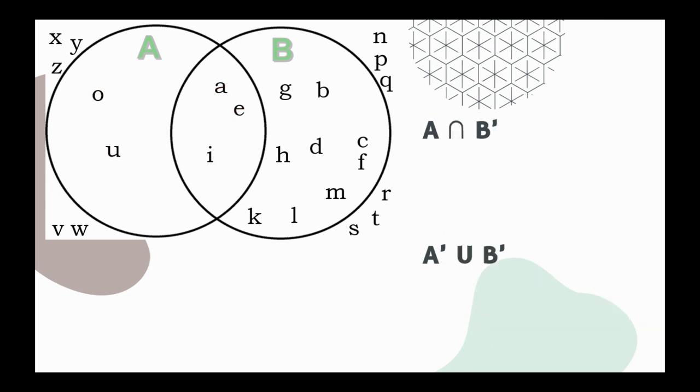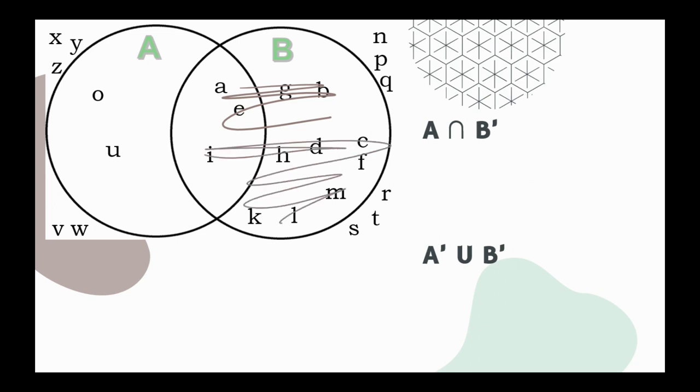Okay? This next one is looking for the intersection of A and all the things not in B. So what is the intersection of A and all the things that are not in B? Well, all the things not in B is everything except for these. So I'm going to cross these out. Okay?